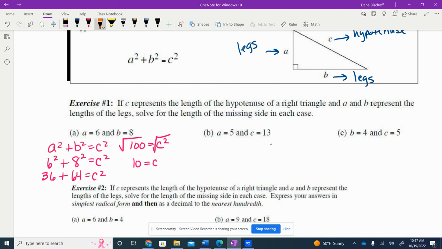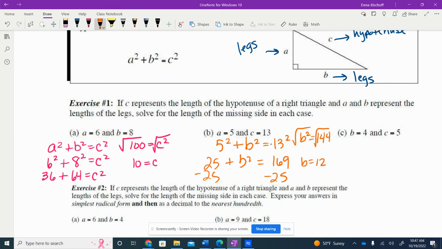For example B, 5 squared plus b squared equals c squared, 13 squared. So 5 squared is 25, plus b squared equals 169. When I subtract 25 from both sides, I find out that b squared equals 144. Take the square root of both sides, and I find out that b equals 12.